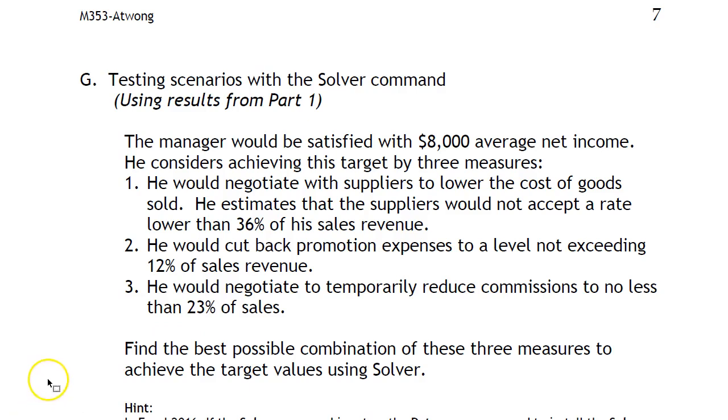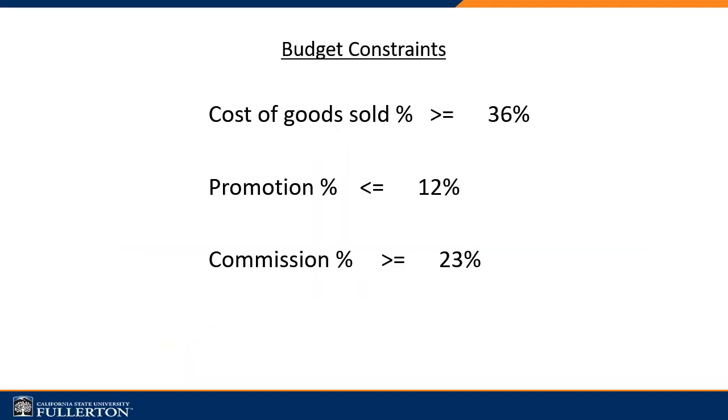It is very important to translate these constraints into mathematical operations. So the mathematical operation for cost of goods sold not lower than 36% will be translated into greater than or equal to 36%.